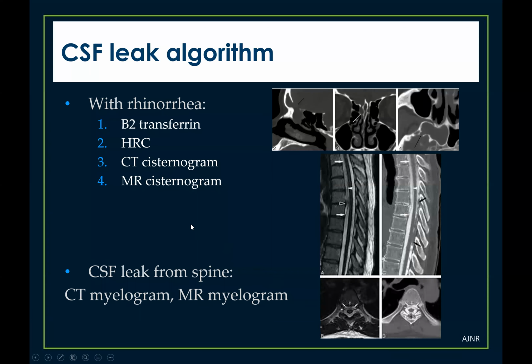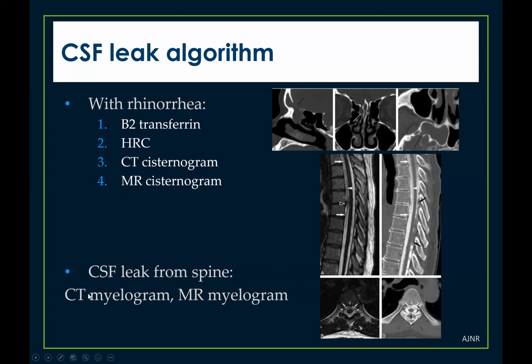So again, if we have rhinorrhea, beta-2 transferrin may confirm that, and then a high resolution CT might be enough to identify the bone gap and then have it fixed. Otherwise, a CT cisternogram, if there is doubt what is the site of the leak, can pinpoint that site. MR cisternogram also may be helpful.